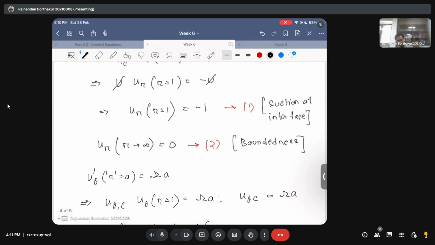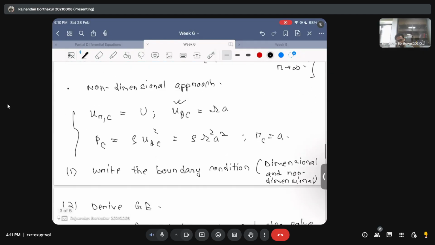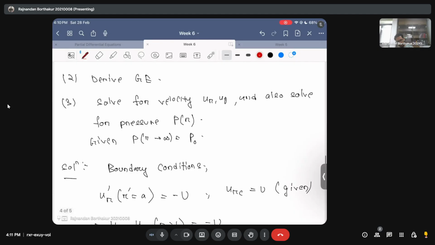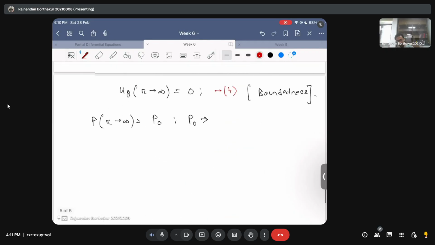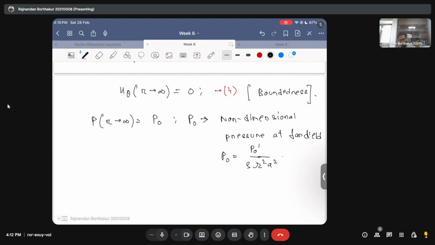So maybe I should write this as p naught prime and this as p naught, where your p naught is the non-dimensional pressure at far field, and numerically p naught is equal to p naught prime by rho omega squared a squared. That's how you get this p naught, where rho omega squared a squared is the characteristic pressure that we have. Okay, that's it. So that's the boundary condition.